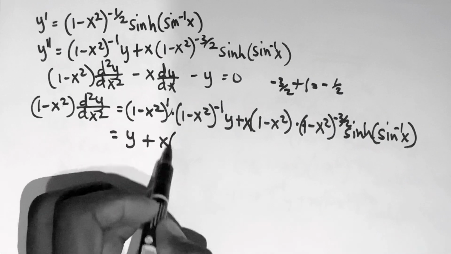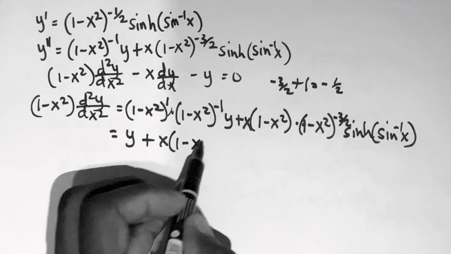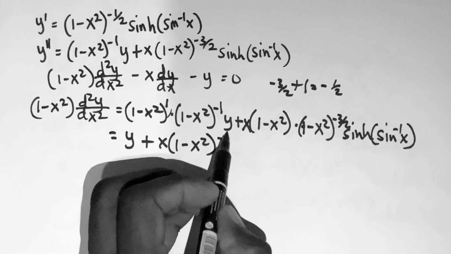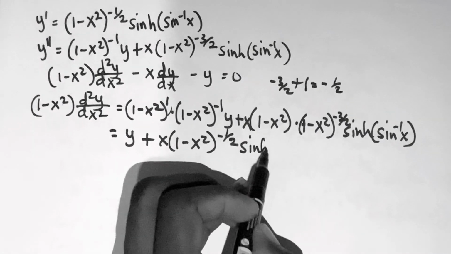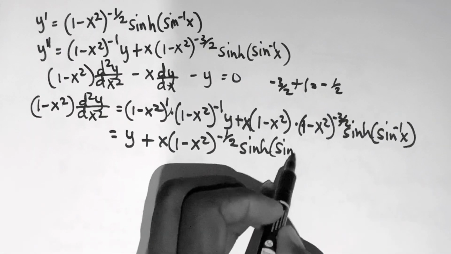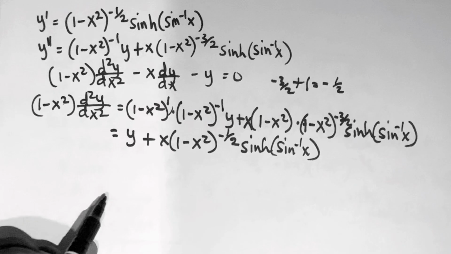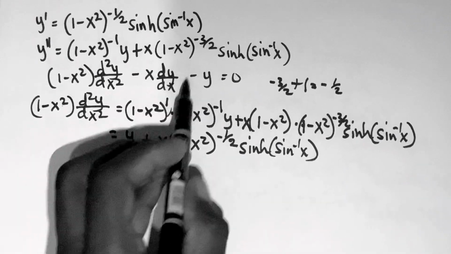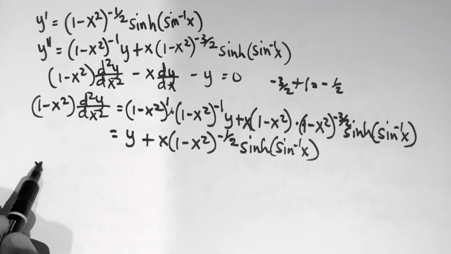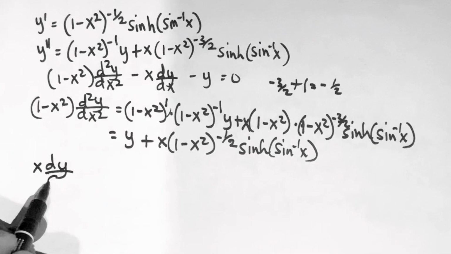So this is going to give us times (1 minus x squared) exponent minus 1/2, hyperbolic sine of sine inverse of x. So we've been able to solve this term. Now it's left with this term, which is x dy/dx.